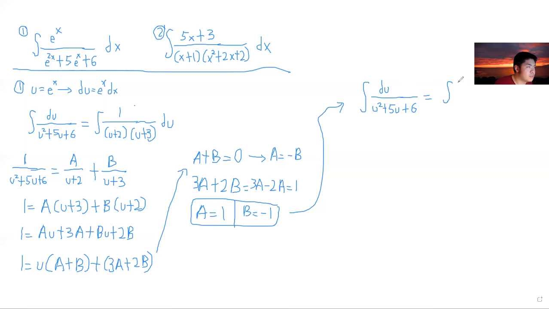So du over u plus 2 minus du over u plus 3. And this thus equals ln of u plus 2 minus ln of u plus 3.